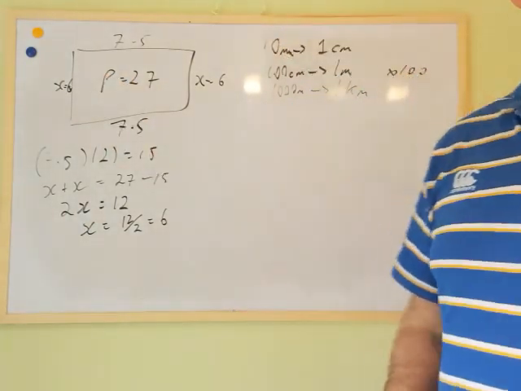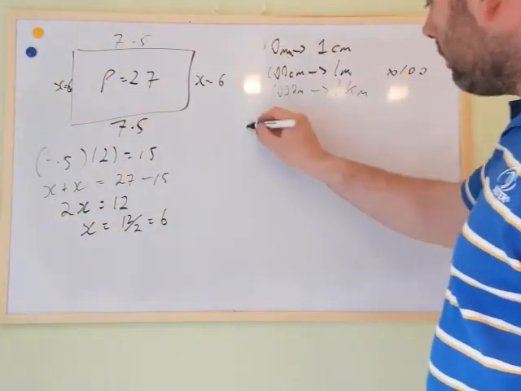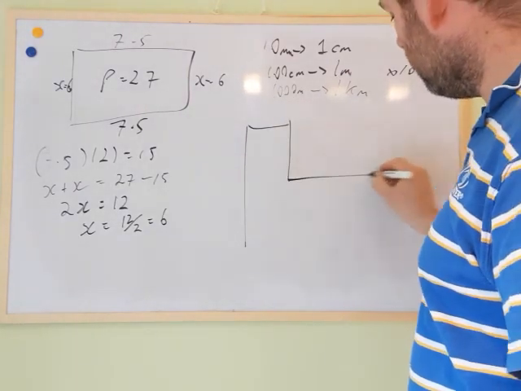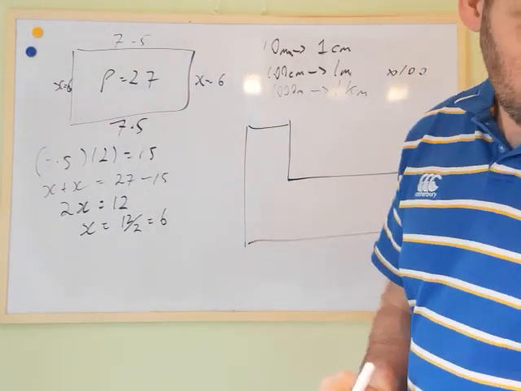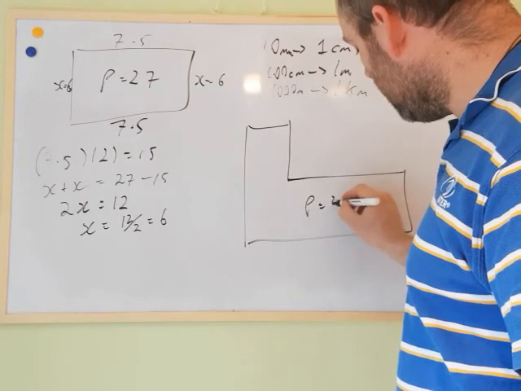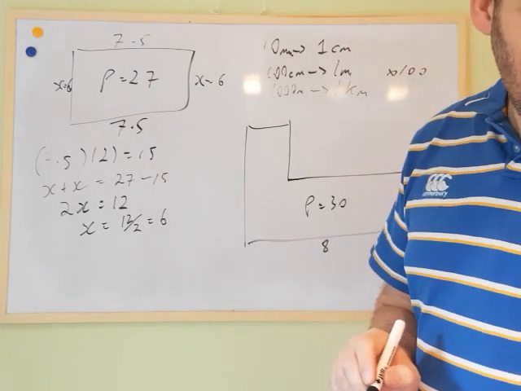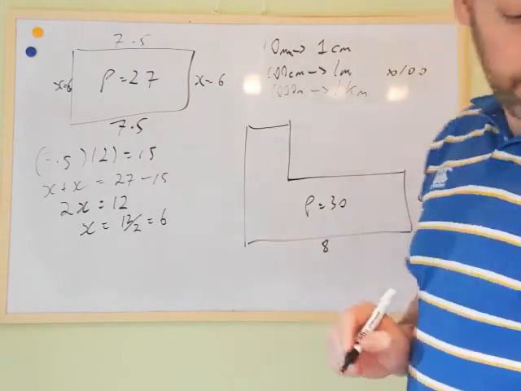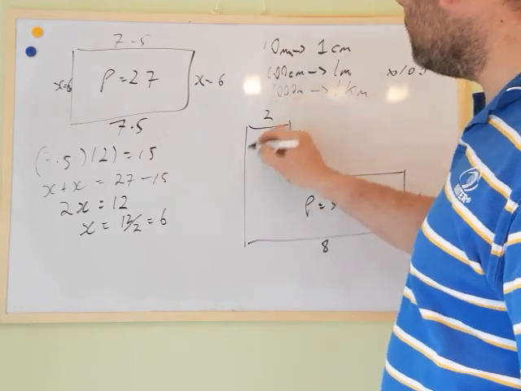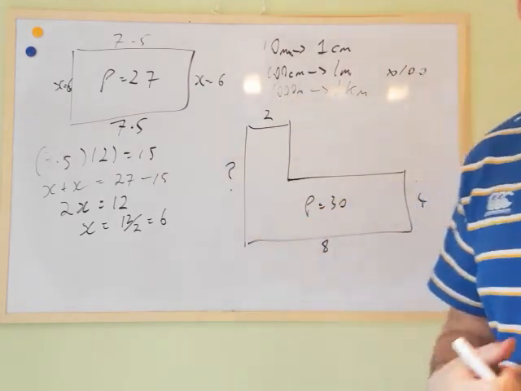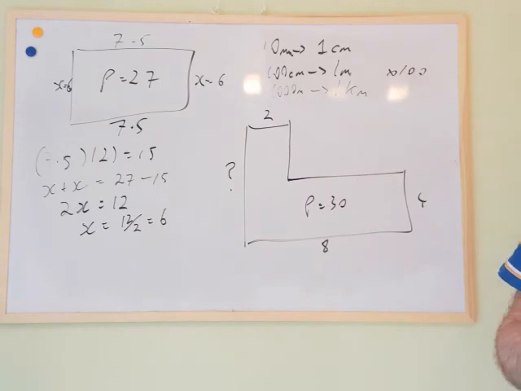Alright, and then our next one. So the perimeter is 30. This is a length of 8. This is a length of 4. This is a length of 2. And they want to know what this length here is.